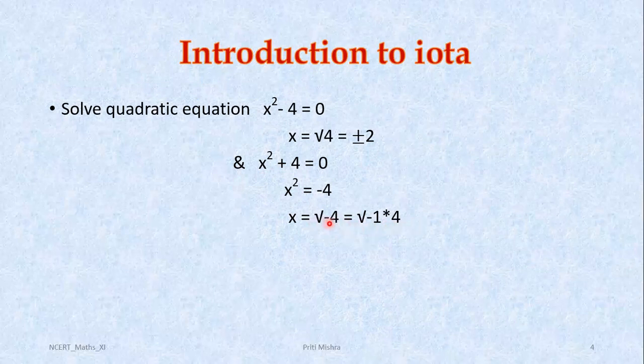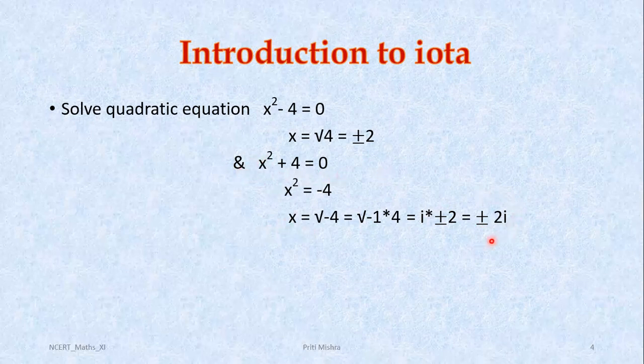Correct? -4 can be replaced as -1 into 4. Now you know very well square root of 4 is plus minus 2, and square root of -1 we will write as i. So i into plus minus 2, that is plus minus 2i, we are having as a solution for x here for such type of quadratic equation.